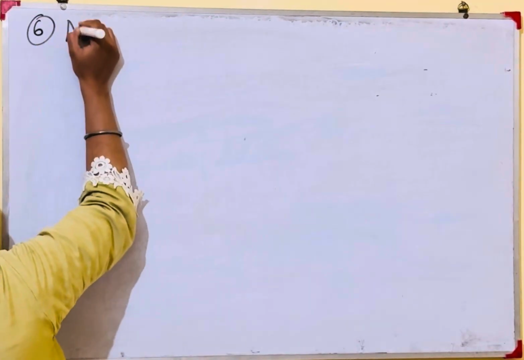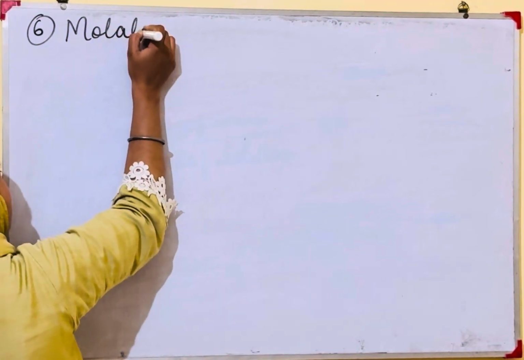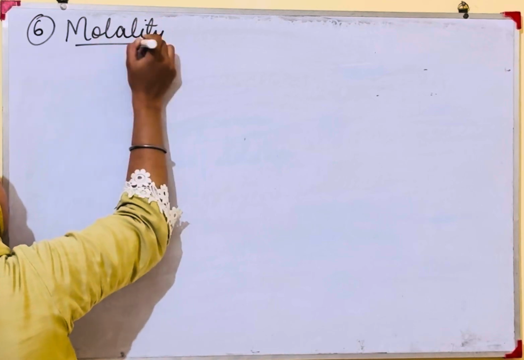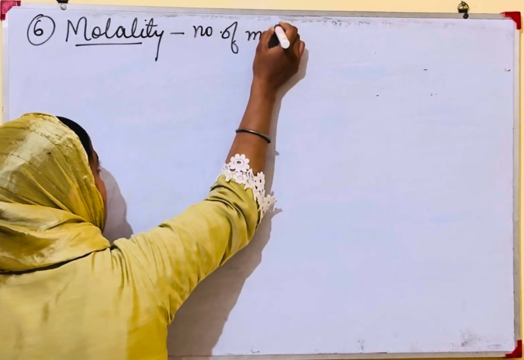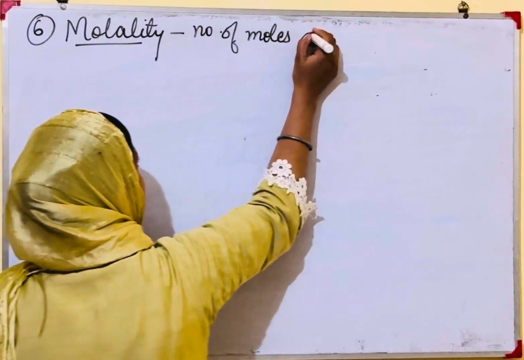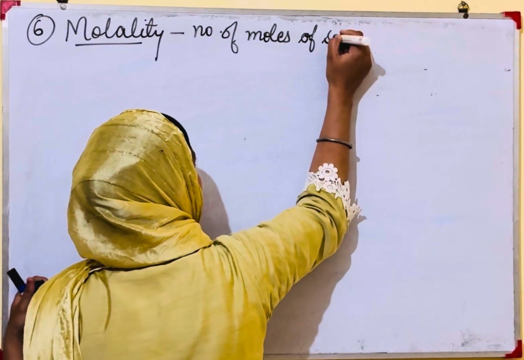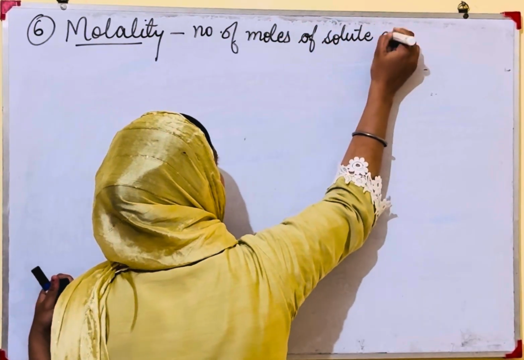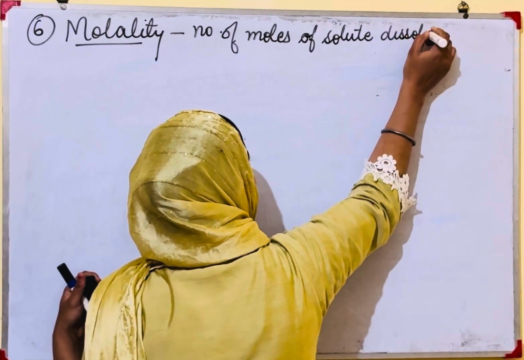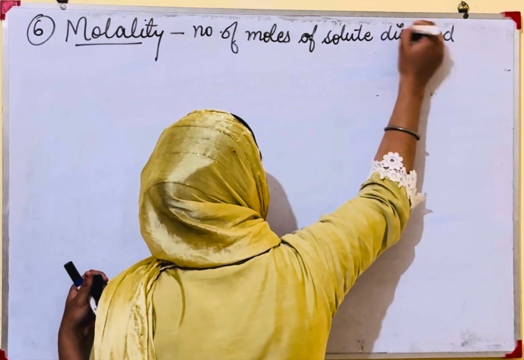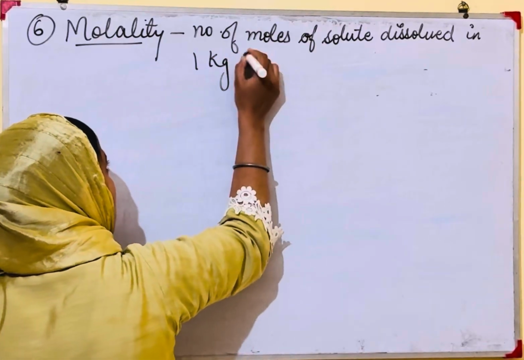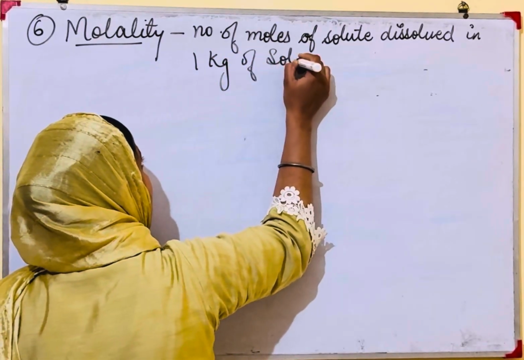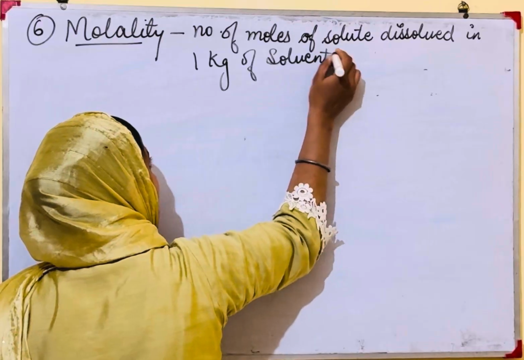Next term is molality. This is the number of moles of solute dissolved in 1 kg of solvent. In molarity, you have taken the volume of the solution.